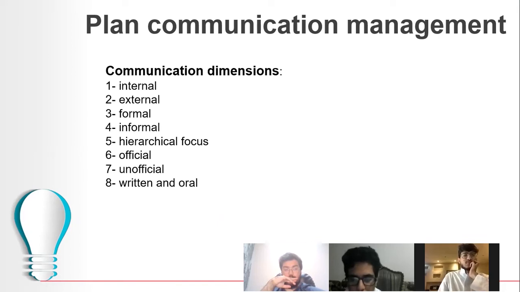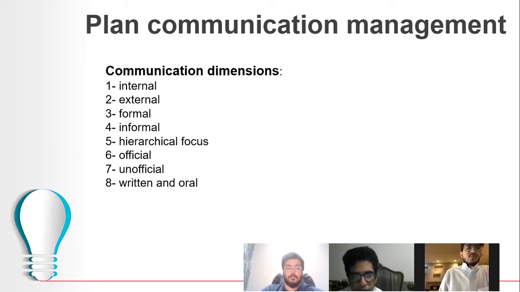First, internal, which focuses on stakeholders within the project and within the organization. Second, external, which focuses on external stakeholders such as customers, vendors, other projects, organizations, government, the public, and the environment. Also, formal reports, formal meetings, both regular and special, meeting agendas and minutes, stakeholder briefings, and presentations.